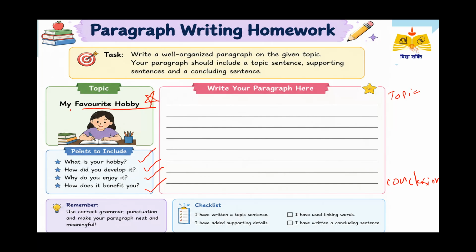Okay, did you note it down? So this was our class for today. My favorite hobby is your homework. Kindly write a paragraph on my favorite hobby. That's your topic. And exchange with your friends, so that they'll correct it and give it to you. Take it as a small competition between you and your friends. Okay, so that you do your best.